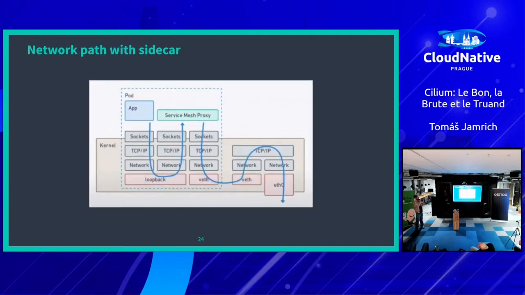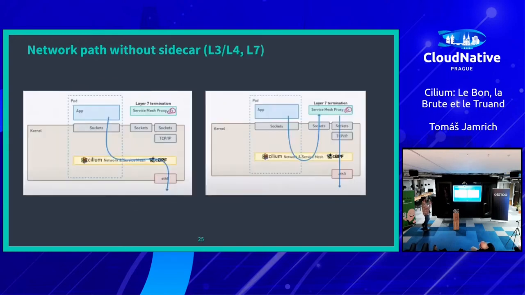Okay, let's dig into the network path with the sidecar. We have the application. The traffic goes through the networking stack and reaches the proxy, leaves the proxy, leaves the virtual Ethernet device, and goes down to the host system through the whole networking stack.